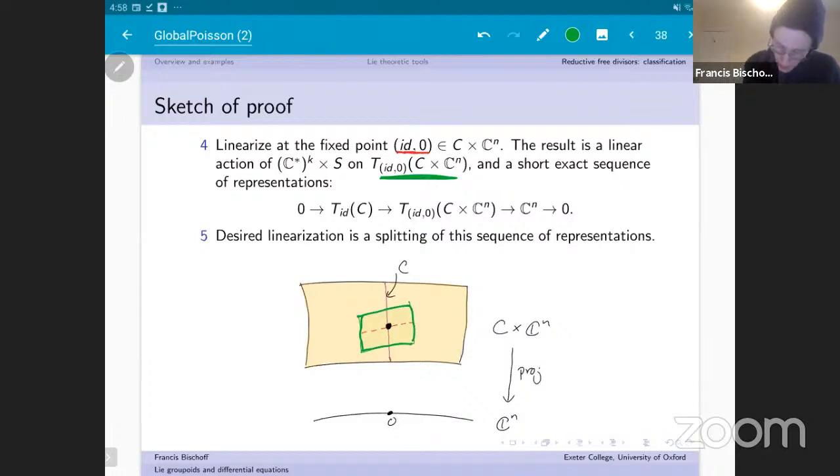And this sits in a short exact sequence of representations. Because here, the fiber above the point 0 is fixed by the action of the group, and so its tangent space gives you a subrepresentation. And then the quotient is the tangent space to the base, which is another representation. And so remember what the goal was.